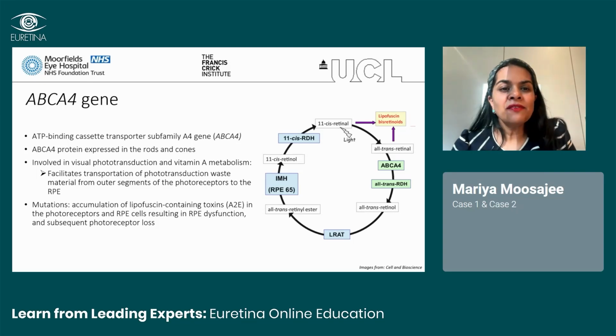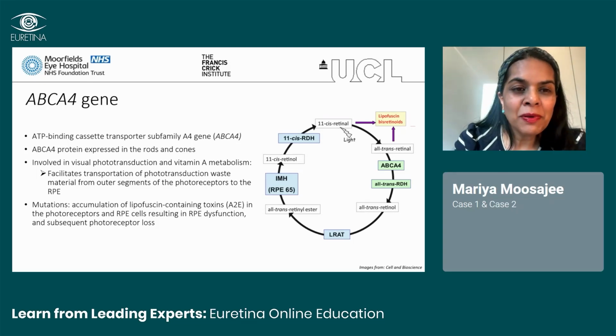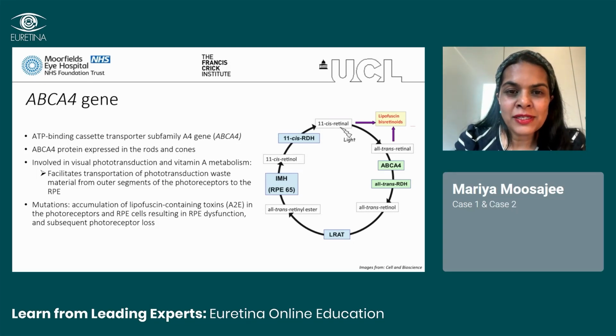So the ABCA4 gene is an ATP binding cassette transporter subfamily A4 gene. The protein is expressed in our rods and our cones, and it's involved in the visual phototransduction cycle and in vitamin A metabolism.